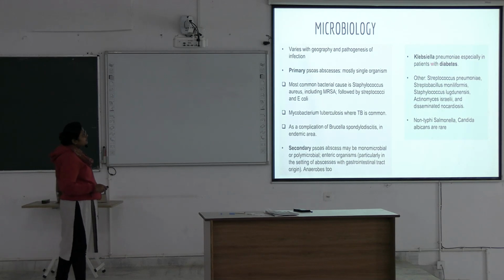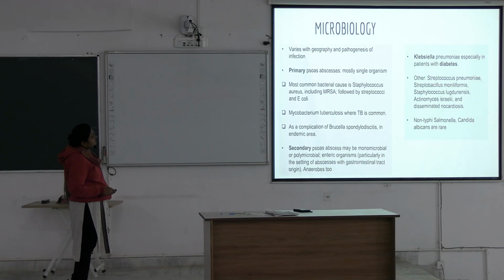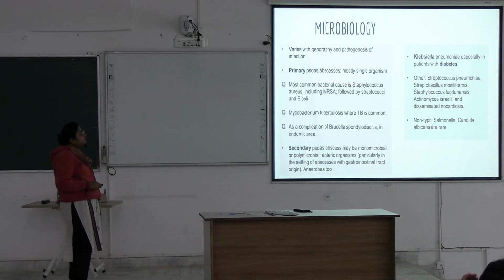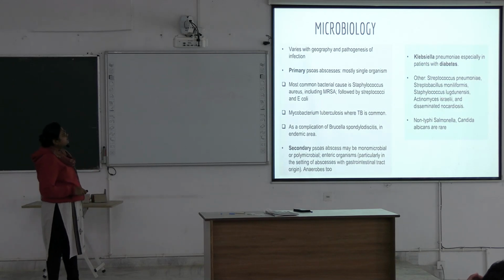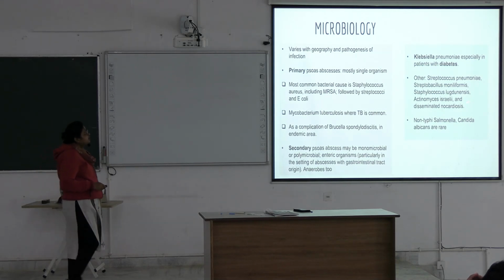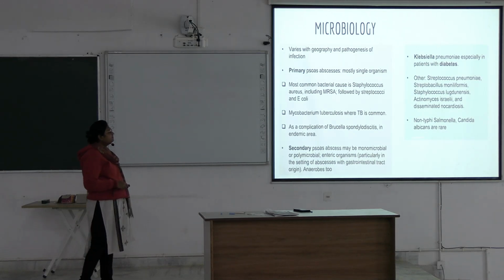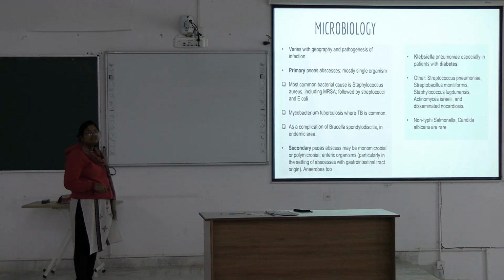Klebsiella pneumoniae, especially in patients with diabetes, causes psoas abscess, and others involved are Streptococcus pneumoniae, Streptobacillus moniliformis, Staphylococcus lugdunensis, Actinomyces israelii, and disseminated nocardiosis. All these are causes of psoas abscess. Non-typhoidal Salmonella and Candida albicans are rare infections. These occur in immunocompromised patients, HIV infected and the like.